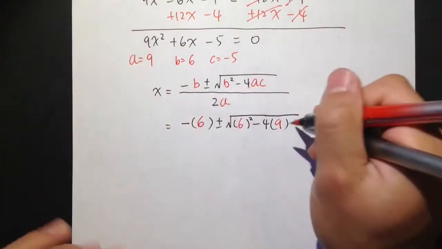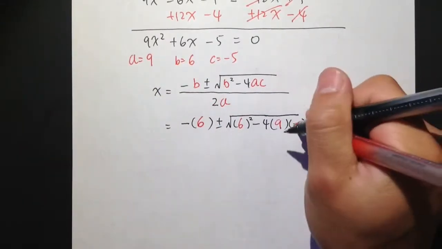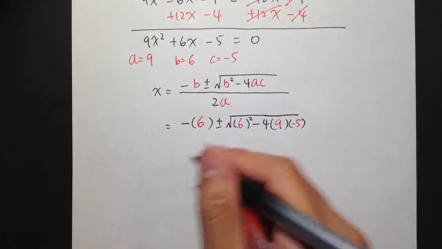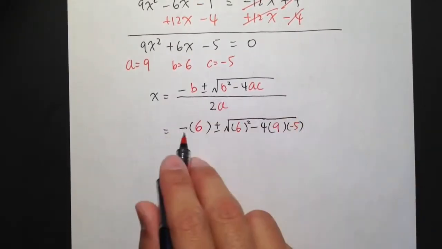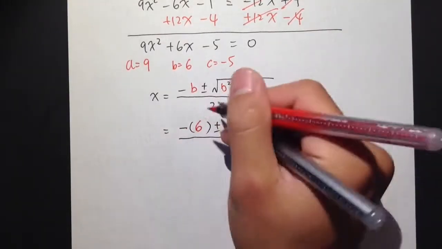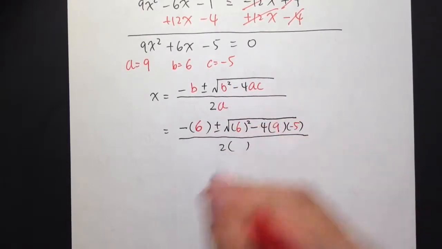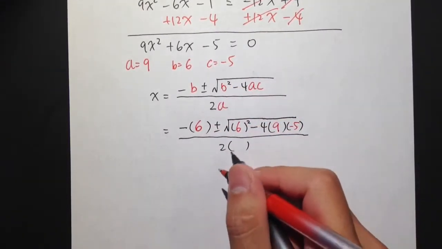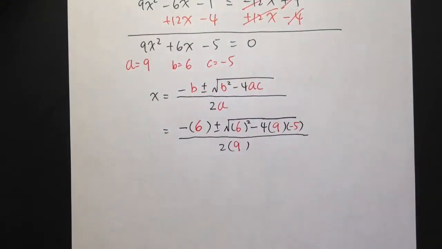And then finally, the last one on the top, I have c, which is equal to negative 5. So this is just the top. And then we also have to make sure that we divide everything on the top by 2 times a, so 2, and parentheses, a is equal to 9, like this.